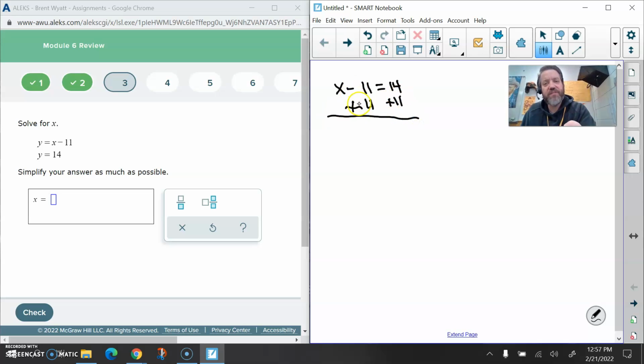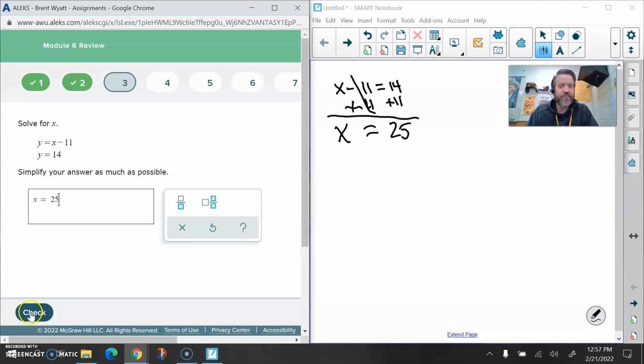And then the minus 11 and the plus 11 are inverse operations. They cancel out. And I end up with x equaling 25. All right? And that's all I'm asked to find on this one, what is the value of x? So in this box here, I'll enter 25. And I'm pretty certain I have that right. We can always check it. Take 25 minus 11. Does it equal 14? And it does.